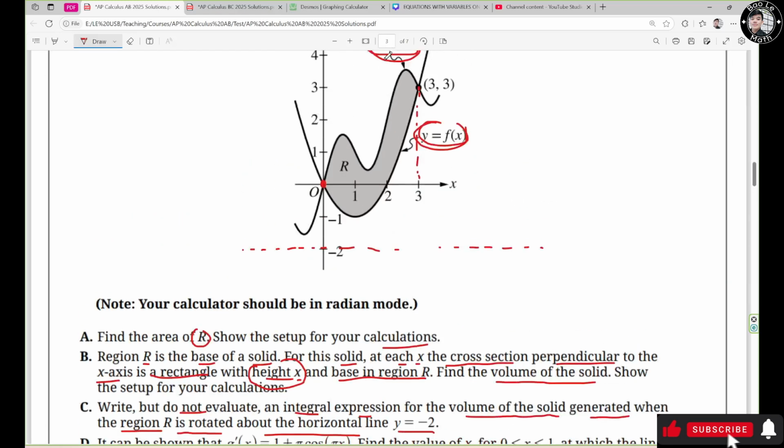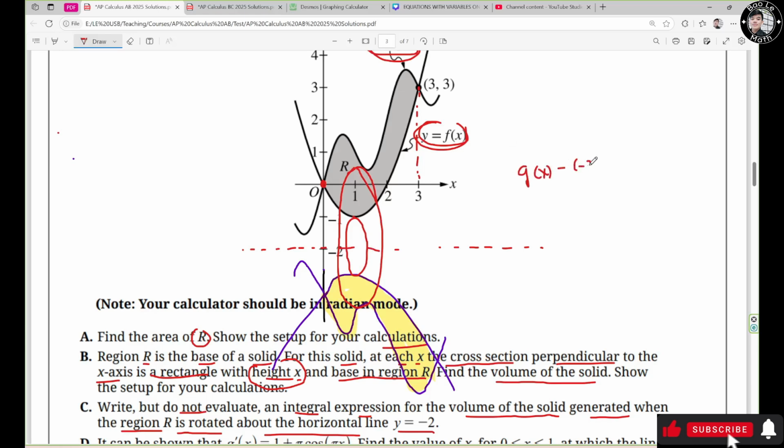If you rotate this one about this line, it's going to be something like this. You need to find the inner radius and outer radius. The outer radius means g of x subtract -2, right? And the inner radius should be f of x subtract -2, right?